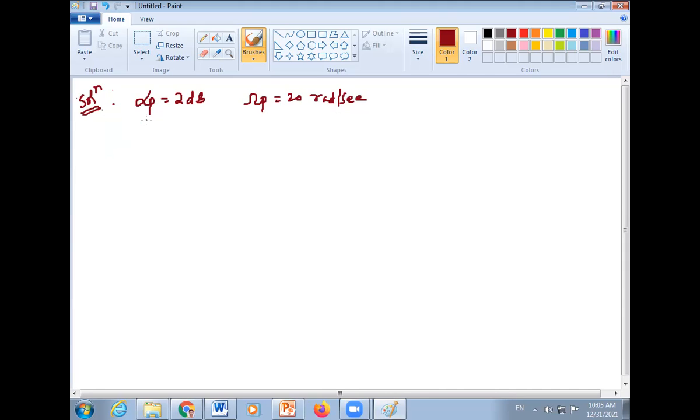And second one is alpha s equals 10 dB at omega s equals 30 radian per second. So these are the given specifications.